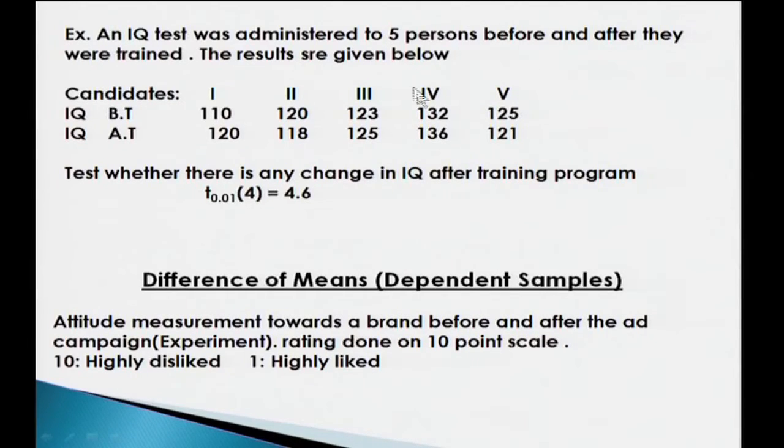Then these are the xi values, all these 5. Second are the yi values; write them in column form. Xi is IQ before training, yi is IQ after training. Then write di, the difference between the observations, 110 minus 120; write all the di's.